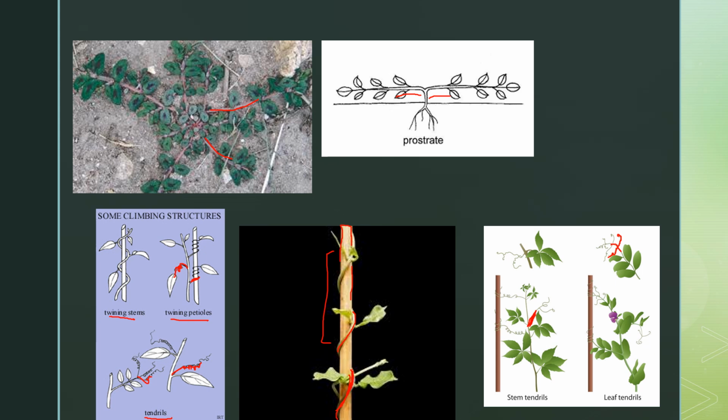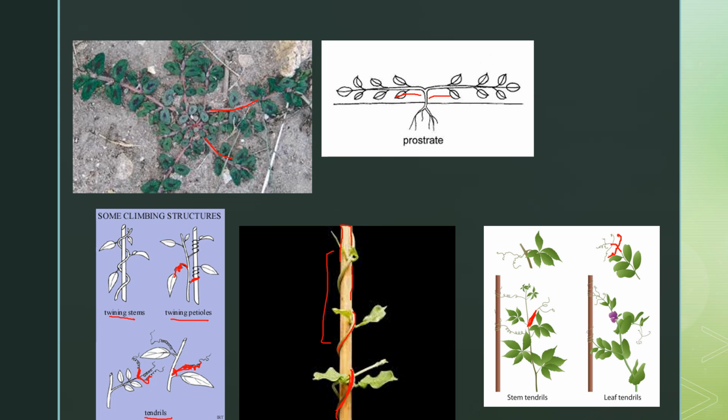In the leaf tendril, you can see the tendril arises from the position of the leaf, instead of the leaf. But in the stem tendril, you can see the tendril arises from the axillary bud.